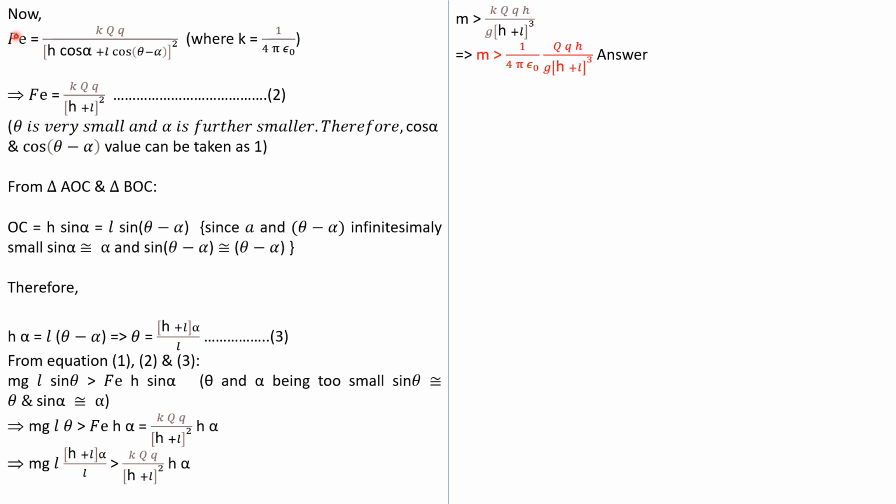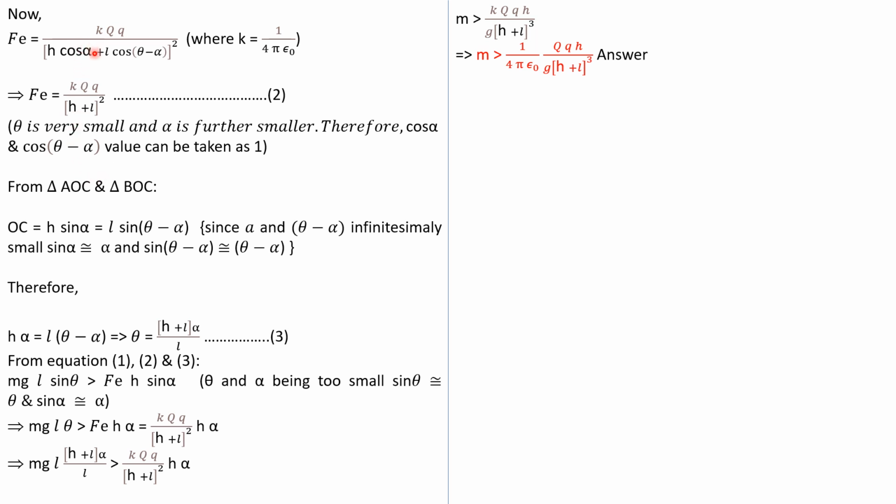Now the electrostatic force, we can write the equation for that as K into Q squared divided by (h cos alpha plus L cos(theta minus alpha)) whole squared, that we know from the formula. This K is equal to 1 by 4 pi epsilon.